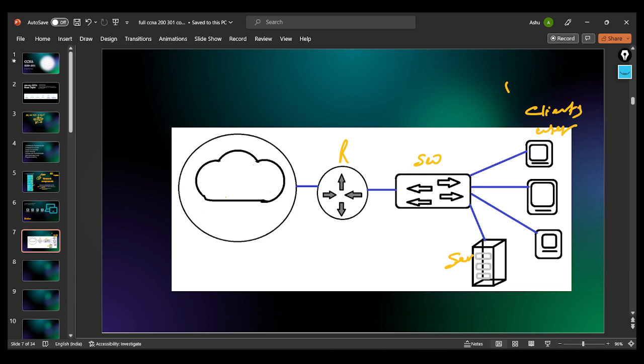This is our internet. These are connected with blue lines, which means transmission media, just like a cable. These are physical devices, but they sometimes work as software. So we know this type of thing.